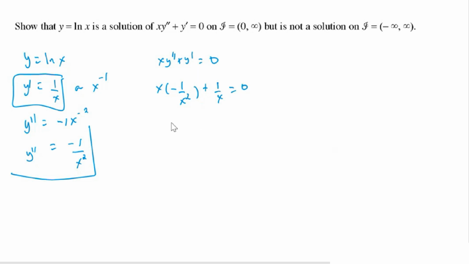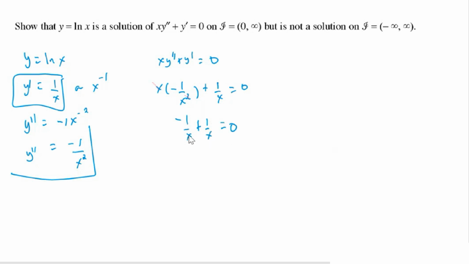Simplifying this, we have x times negative 1 over x squared, or you may use cancellation: the x here is cancelled against one x in the denominator. Therefore the product is negative 1 over x, plus the second term, 1 over x, equals 0.